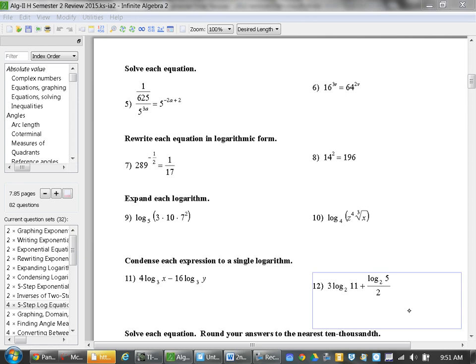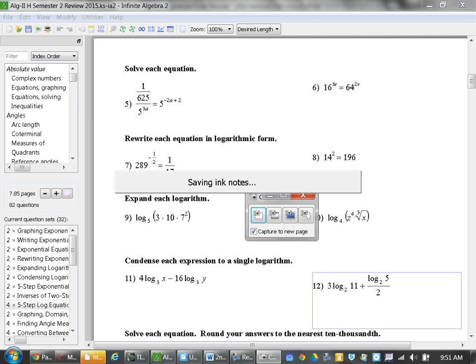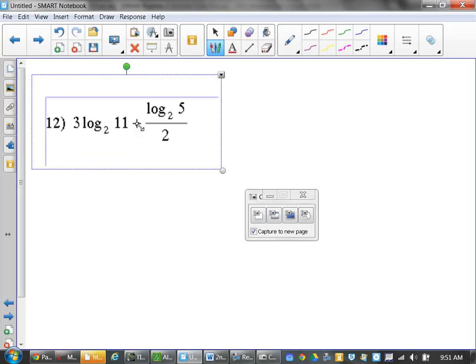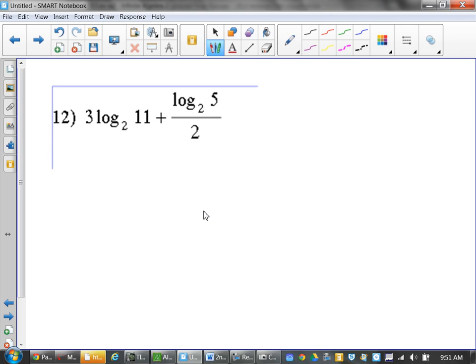Would that just be like log 2 times 1/2? I said another log. So we can condense this out.